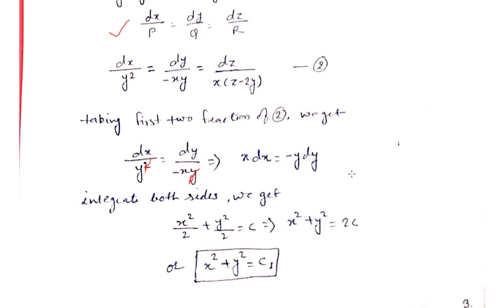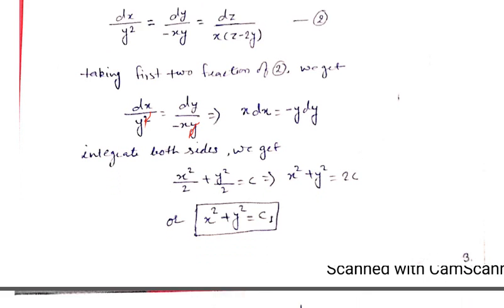This is integrable, and its integration is x square by 2 plus y square by 2 is equal to c, or x square plus y square equals 2c, where 2c is an arbitrary constant, so we can rewrite it as c1. So one integral of the given equation is x square plus y square equals c1. This is an integral of the Lagrange equation.